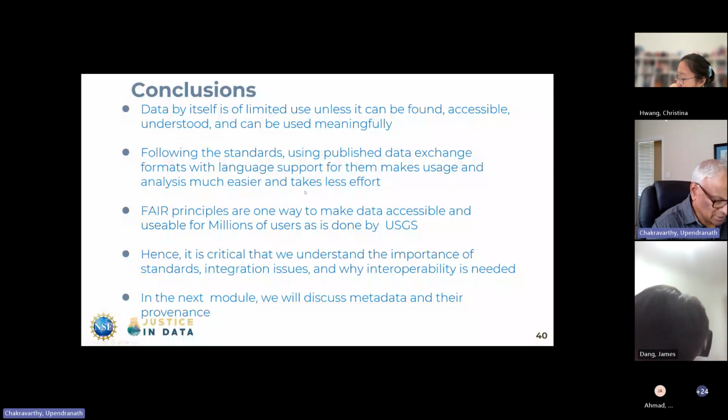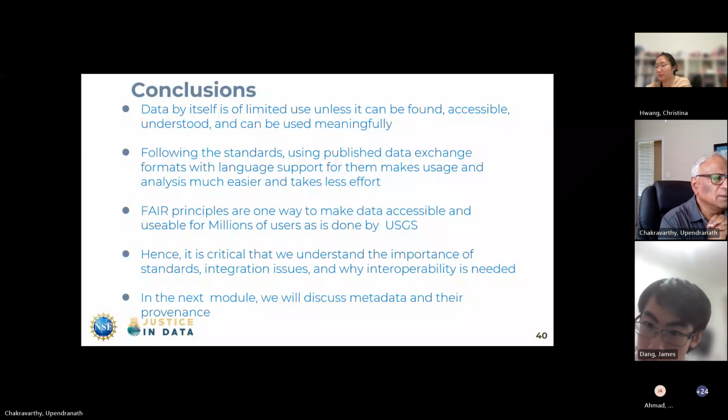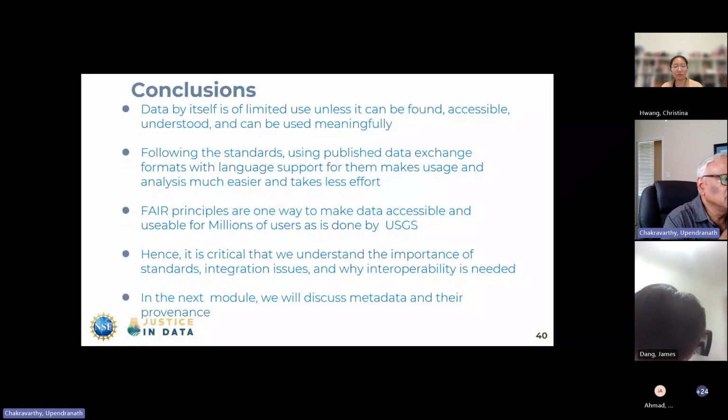So the conclusions are that data by itself is of limited use unless it can be found, accessed, understood, and used meaningfully. Following the standards, using published data exchange formats with language support for them, makes usage and analysis much easier. FAIR principles are one way to make data accessible and usable for millions of users, as is done by USGS.